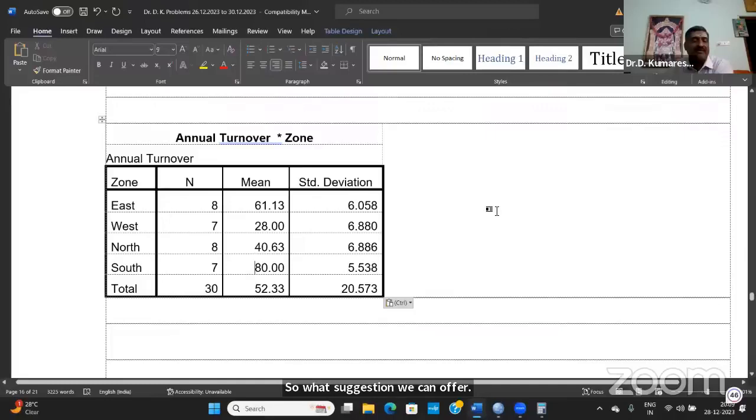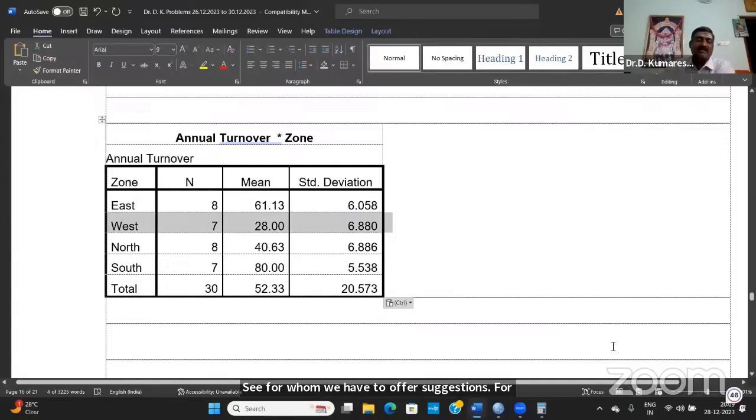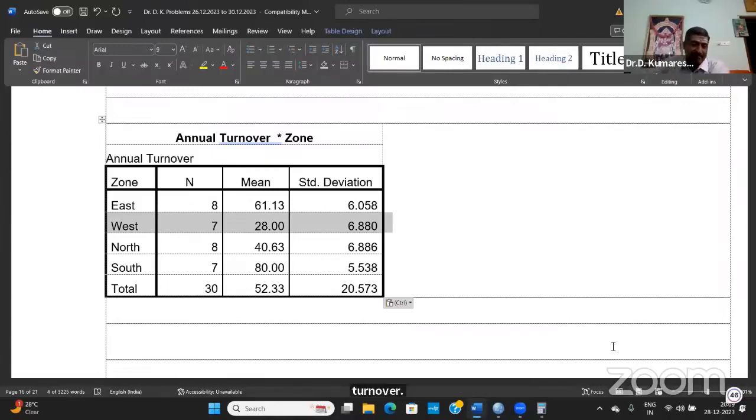See, for whom we have to offer suggestion means for West Zone we have to offer suggestion, because they have the lowest turnover. If suppose you are offering suggestion to the MD regarding the improvement of performance, you should compare the best performer and the least performer.